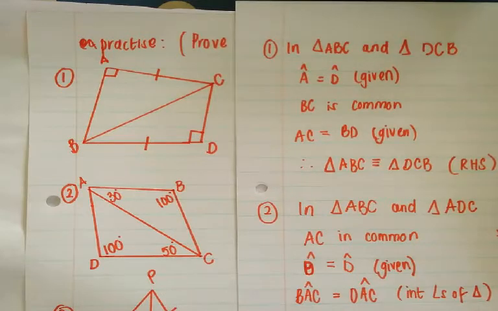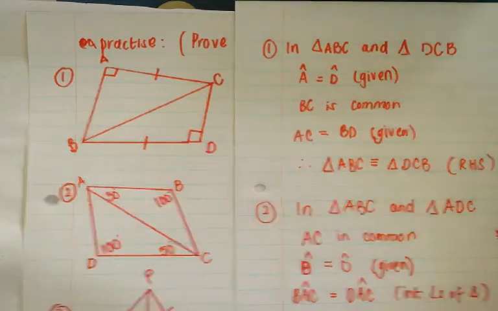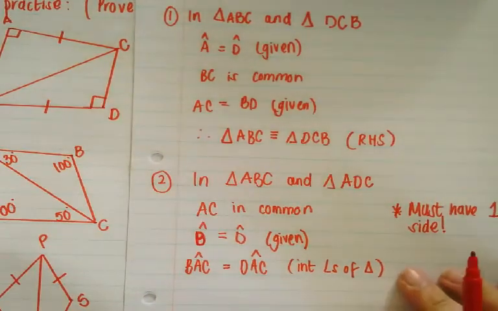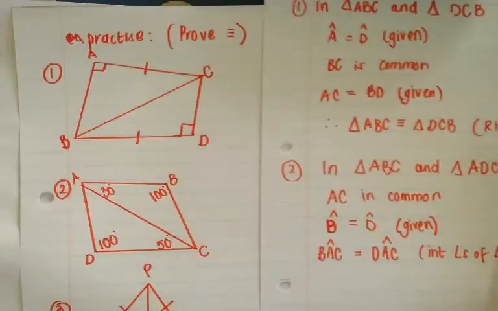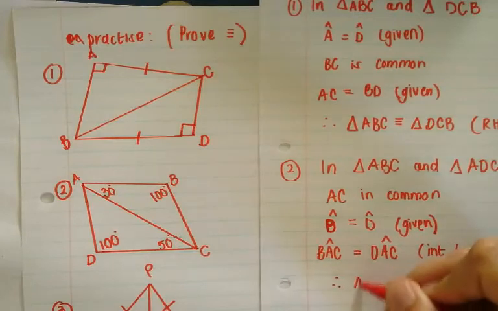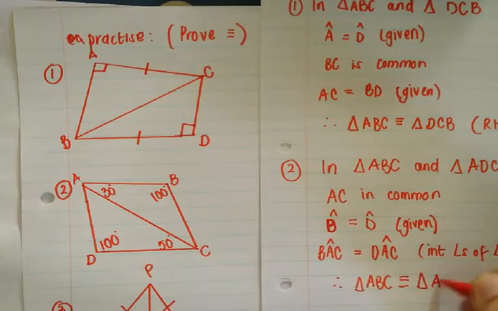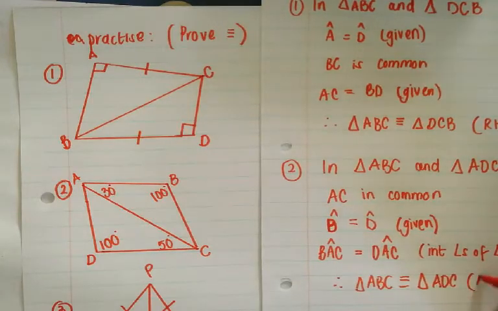So even if I give you an option of using angle, angle, angle, you have to make sure that there's a side for congruency. I've even written it on my memo here, must have one side. And we go further and finish off and say triangle ABC is congruent to triangle ADC. And that was 2 angles and a side.